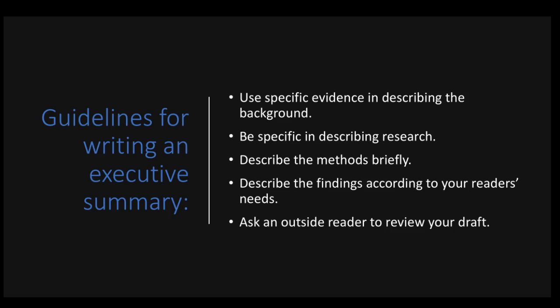So you want to make sure that it is an example of your best work. Certainly it's not a time for typos. It's not a time not to proofread. It's a time to really be careful and to read very carefully and make sure that you've presented the best possible information.